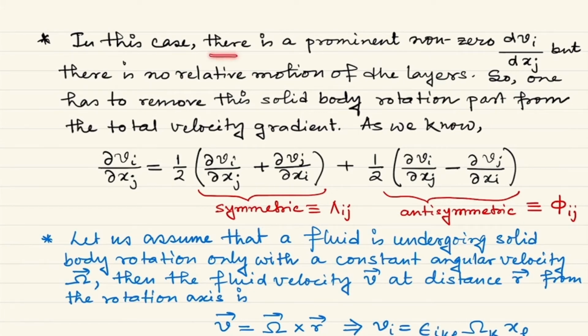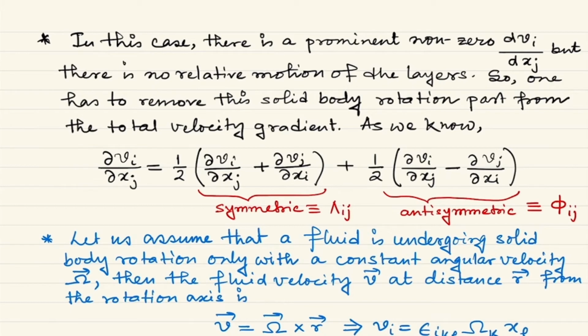Then there is of course a prominent non-zero dv_i/dx_j. Because you can understand that if angular velocity is constant, then omega cross r, which is nothing but the linear velocity, is of course a function of r. So that will be different at different r's.